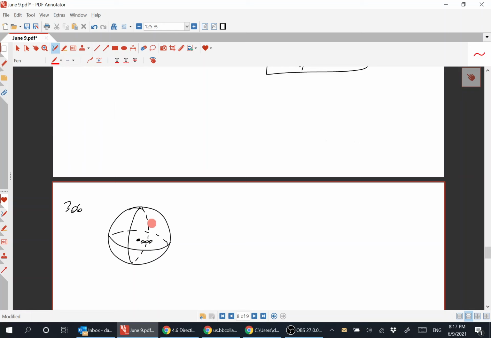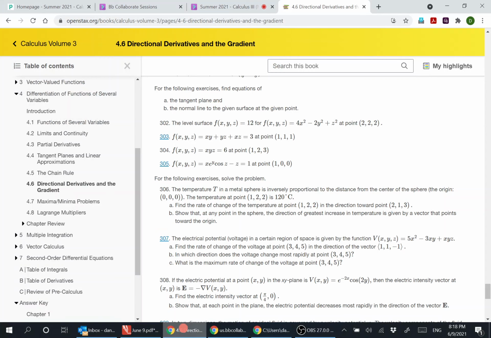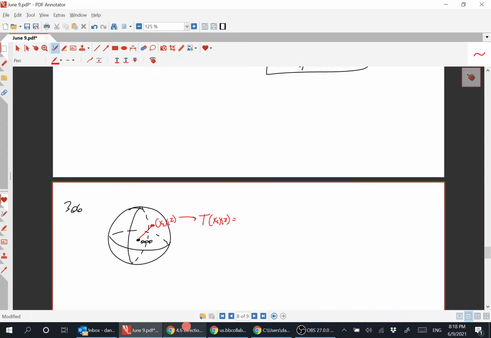So if you've got some point inside the sphere, not necessarily on the sphere, a solid sphere, that's point x, y, z. The temperature at x, y, z is inversely proportional to the distance from the center of the sphere. So the temperature is inversely proportional to that distance, which is the square root of x squared plus y squared plus z squared. It's just the length of that vector from 0, 0, 0 to x, y, z.